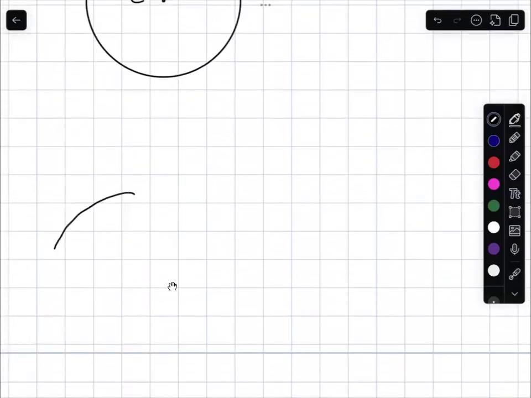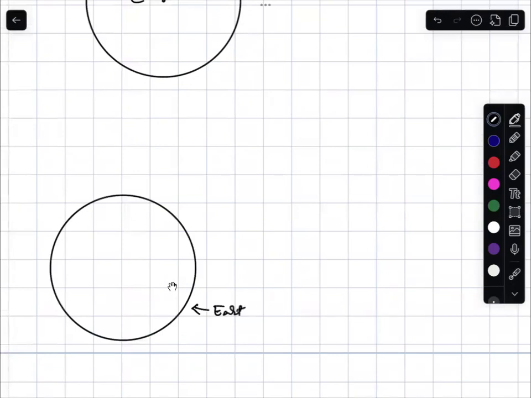Good. Now consider this as Earth of radius capital R. Now I am projecting an object here with a velocity u.